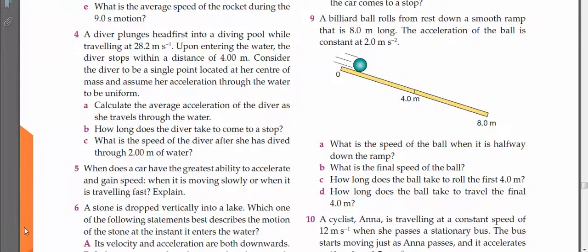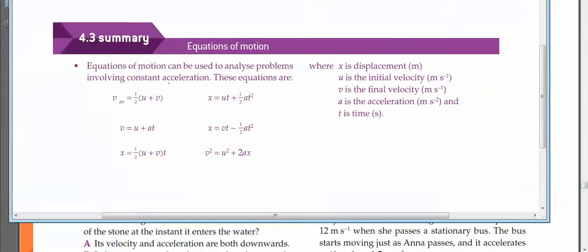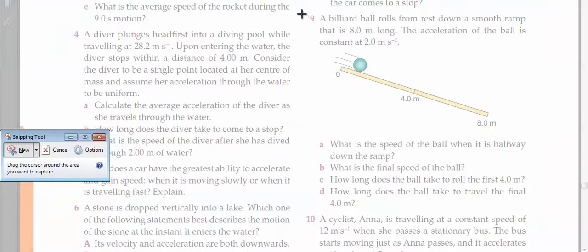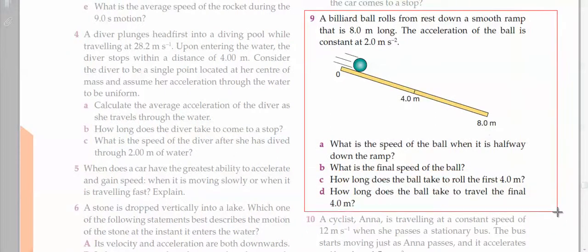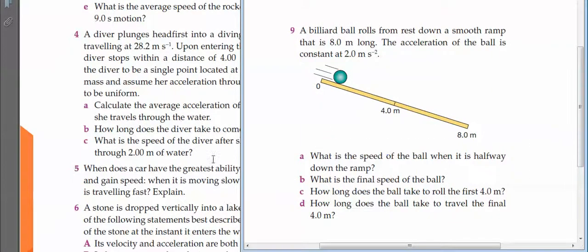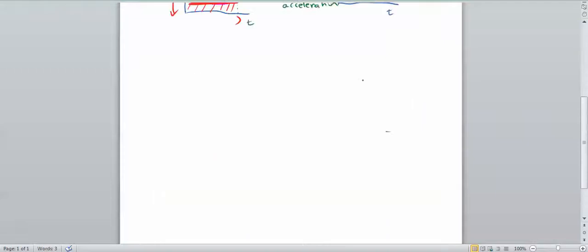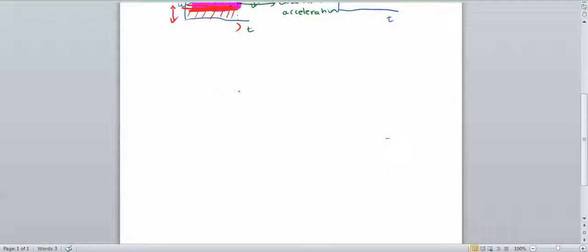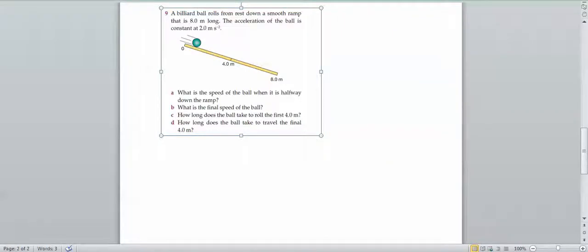So I might as well snip that, and we'll put that into our Word doc. I don't know what I've done there. One sec. Okay, so let's do this question.